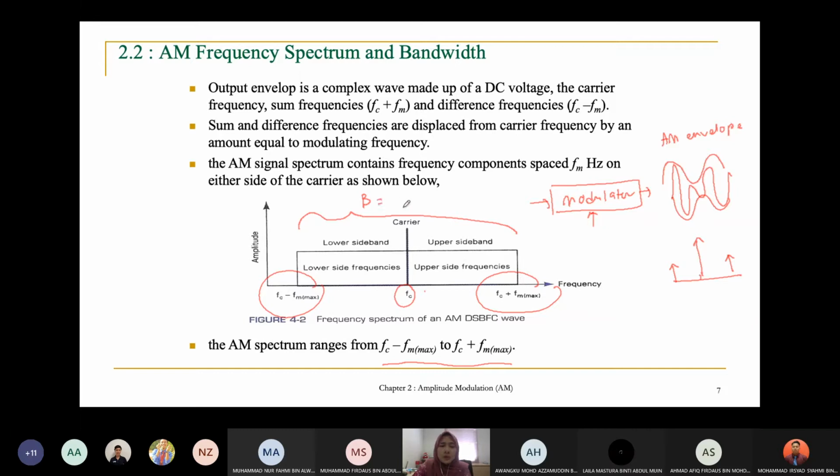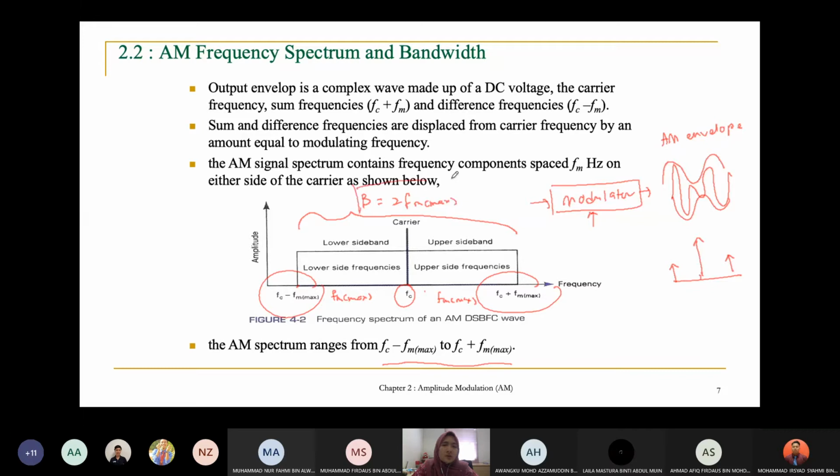So the bandwidth, from this point to this point, is Fm max, and from this point to this point is also Fm max. So the bandwidth is Fm max plus Fm max, which is 2 Fm max.